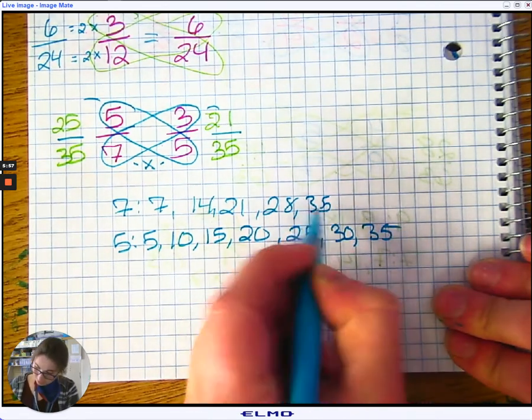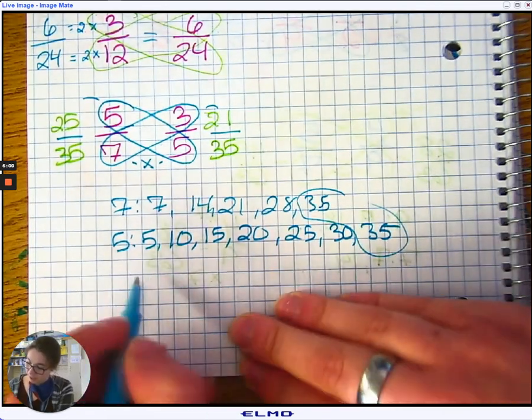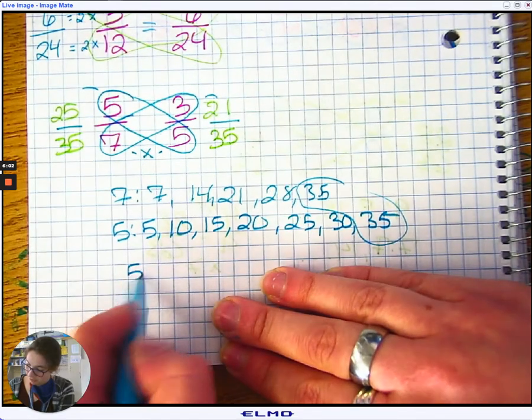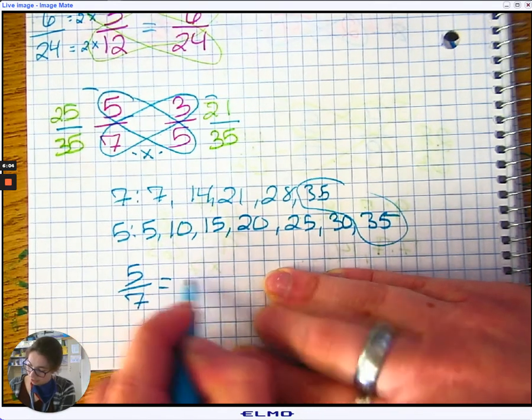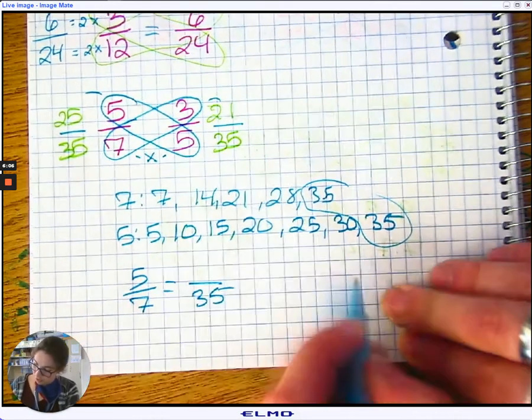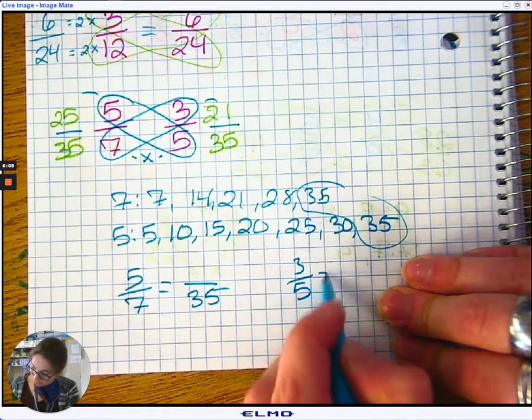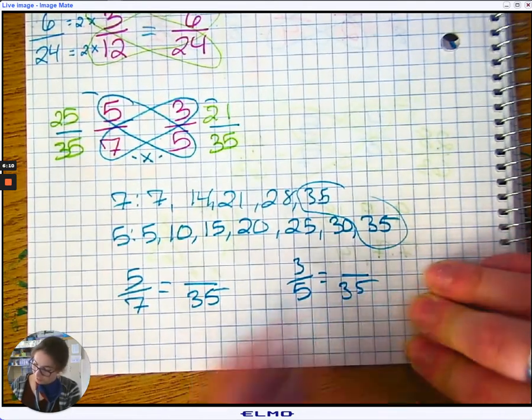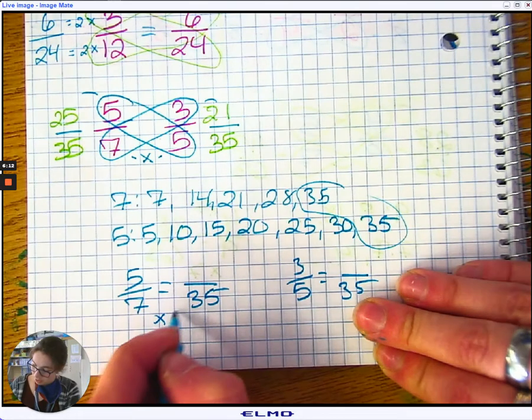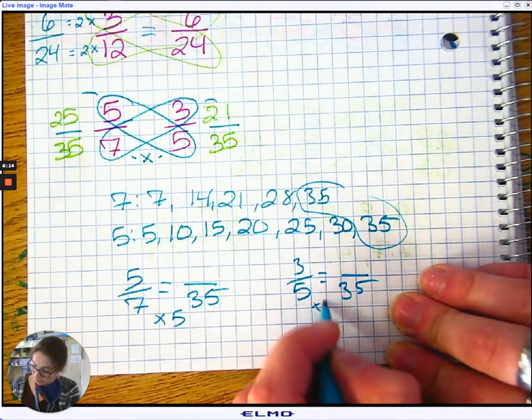Look, found it. And then setting up my equal fractions, 5/7 equals how many 35ths, and 3/5 equals how many 35ths. I go times 5, I go times 7, etc.